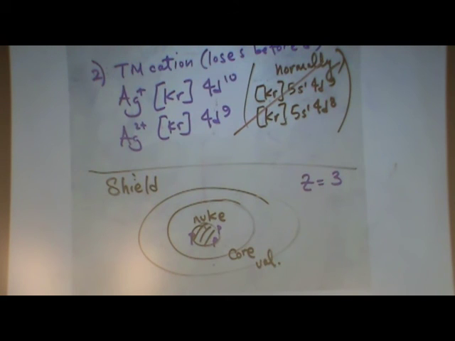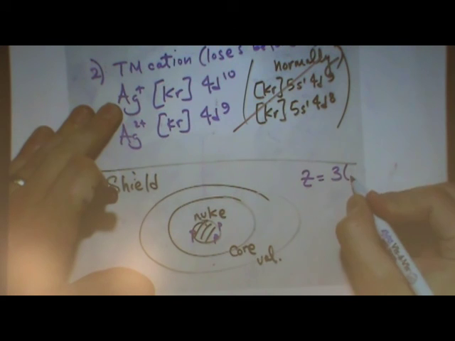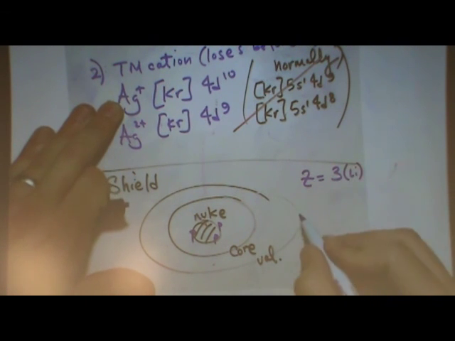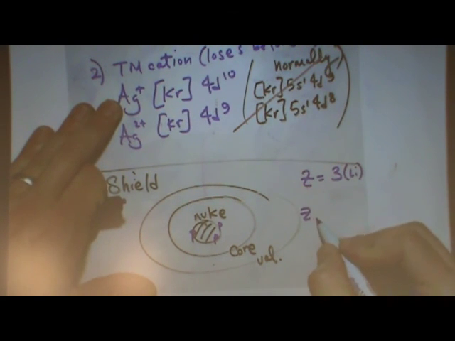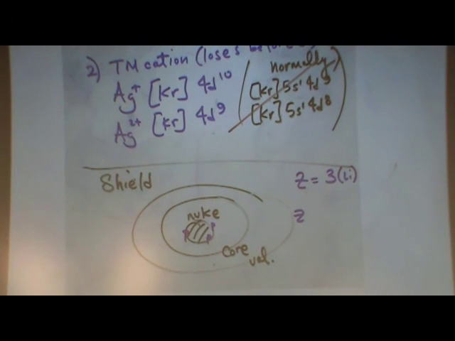The core electrons see the true Z. So they can tell that there's actually 3 protons, or they can tell, hey, this is lithium. But the valence electrons are shielded, meaning there are so many core electrons in the way, they can't tell that there's 3 protons in the nucleus.